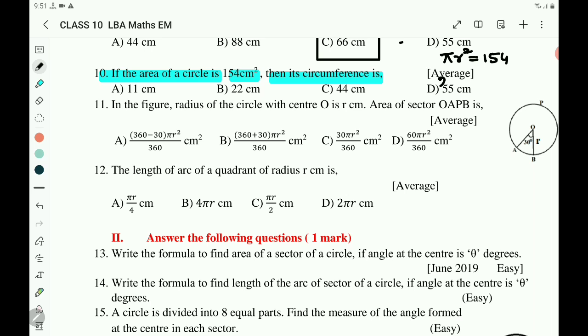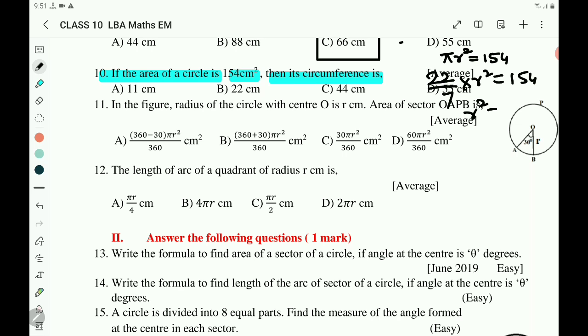Then pi is 22 by 7 into r square equals 154.